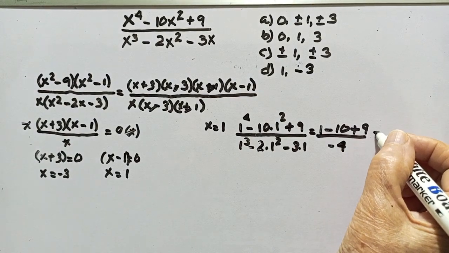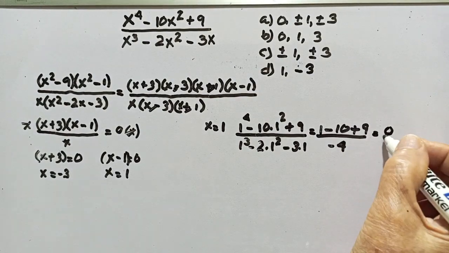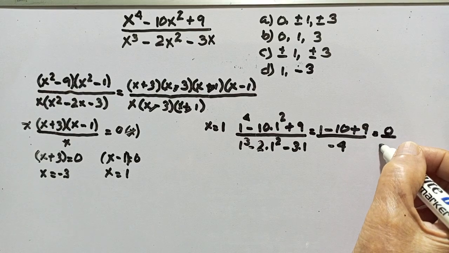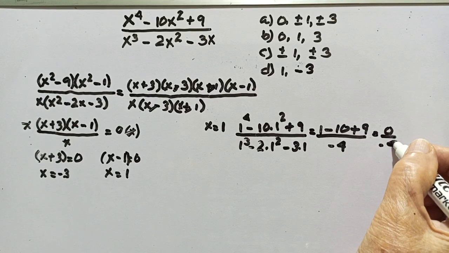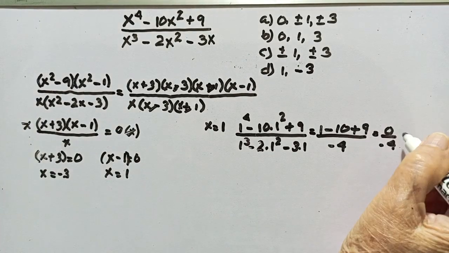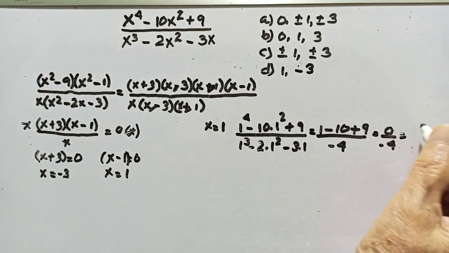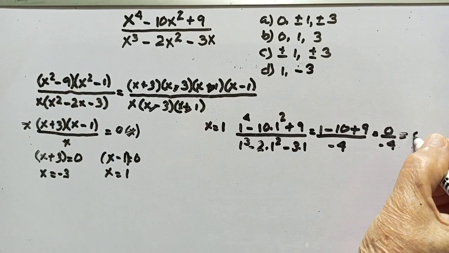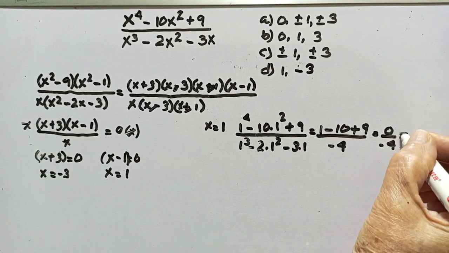And this is equal to 0 over minus 4. But 0 divided by any number or term or quantity is equal to 0. So this is equal to 0.